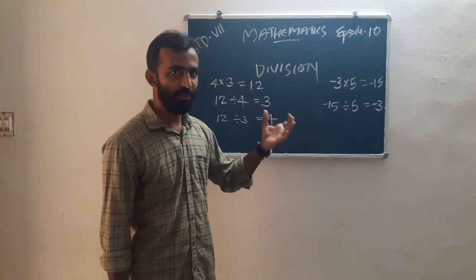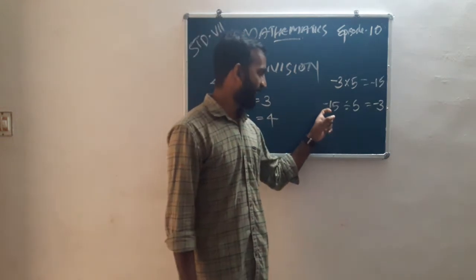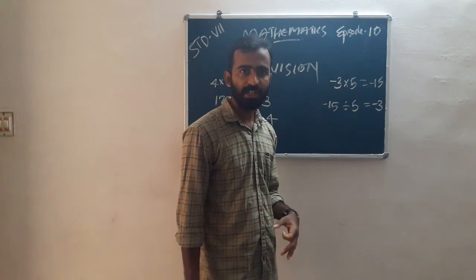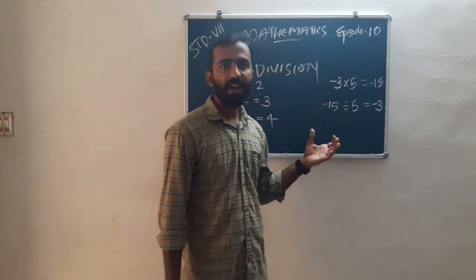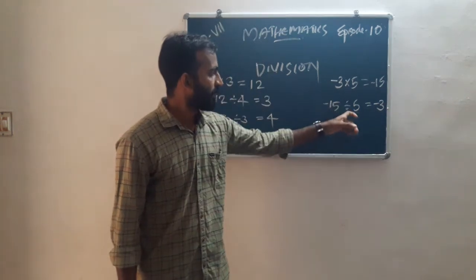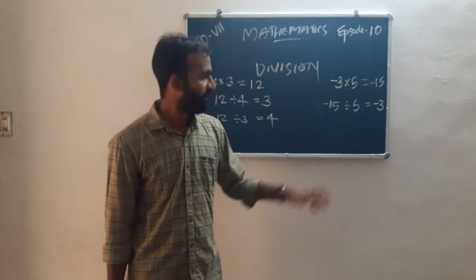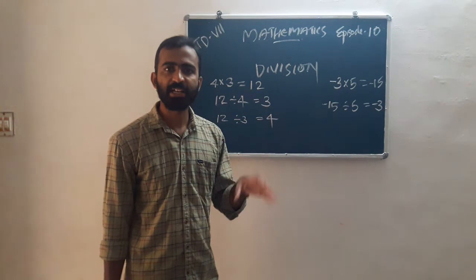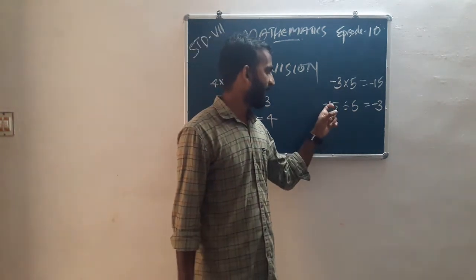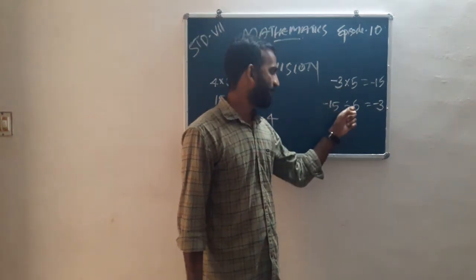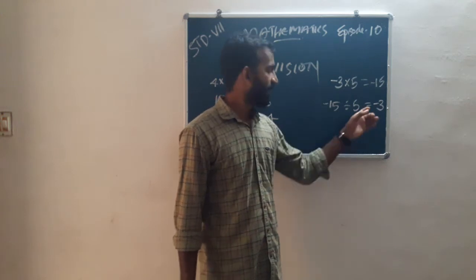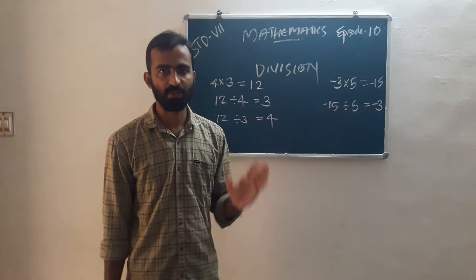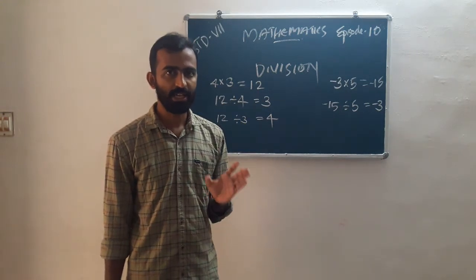Here we can see that negative 15 is a negative integer and 5 is a positive integer. When we divide a negative integer by a positive integer, the answer is also a negative integer. Negative 3 is a negative integer.